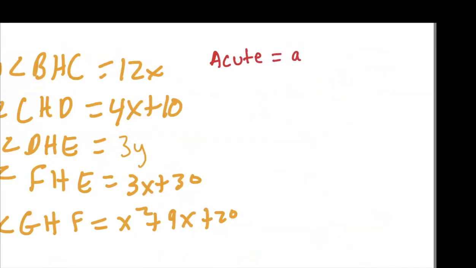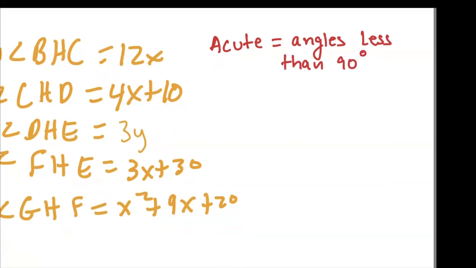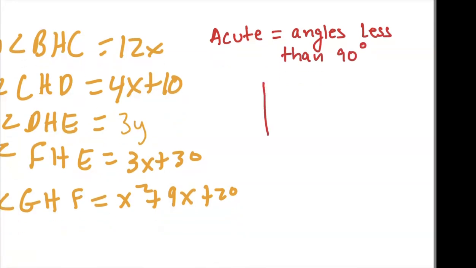Acute angles are angles less than 90 degrees. Okay. If the angle is exactly 90, would it be acute? Yes or no? No. Can I call it not acute? Yes, it's a right angle. It's not acute.